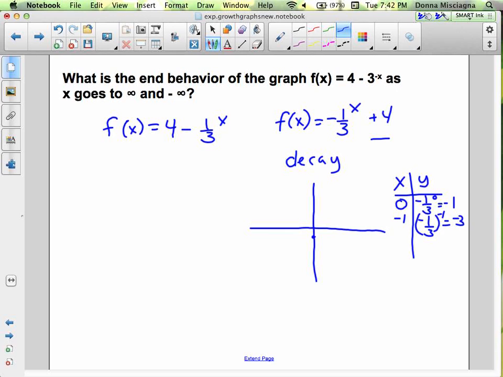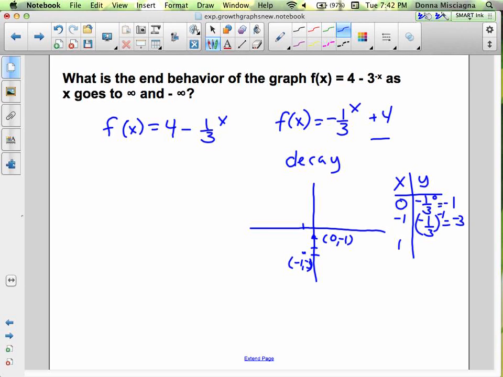So let's draw a little graph there. This one was 0, -1, and then this one was -1, -3.